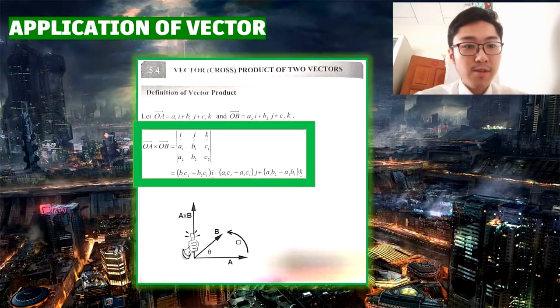To find the cross product of two vectors, let OA equal A1i plus B1j plus C1k and OB equal A2i plus B2j plus C2k. To find OA cross OB, we use the formula in the frame.